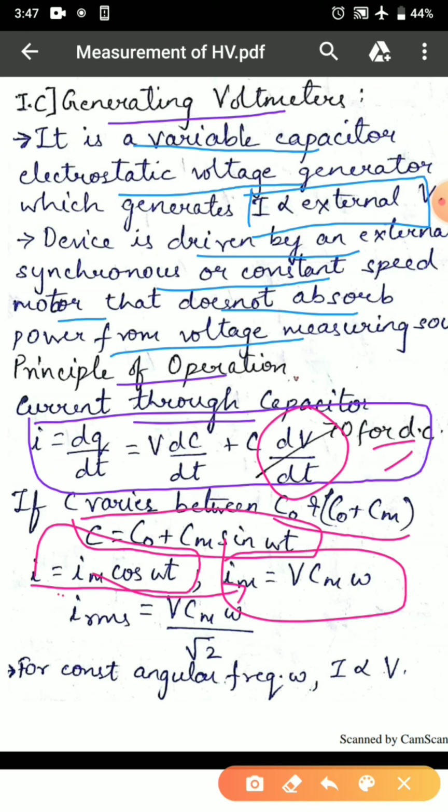The IRMS current for such devices can be given by IRMS is equal to V Cm omega upon root 2. For constant angular frequency omega, current is directly proportional to voltage.